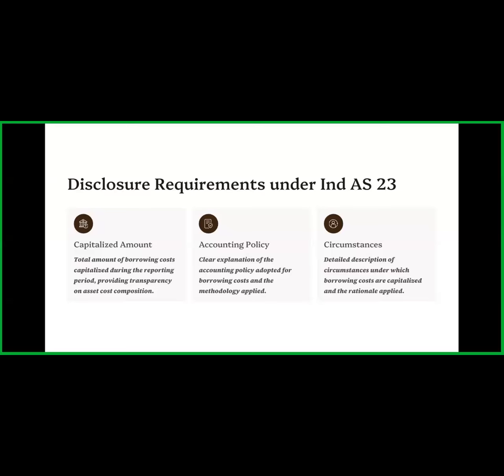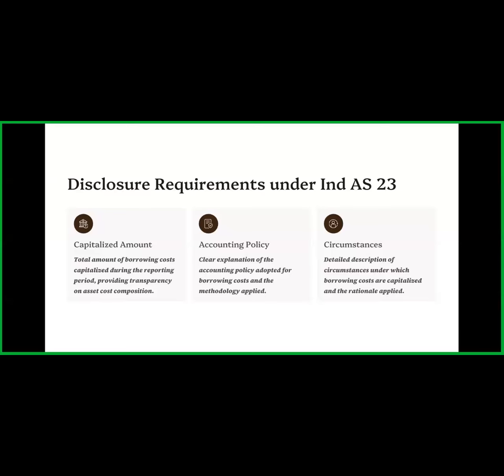Okay, so how much capitalization of assets has the company done, and on those capitalized assets, how much borrowing cost does the company pay? That value must be there in the financial statements. Next is the accounting policy: a clear explanation of the accounting policy adopted.